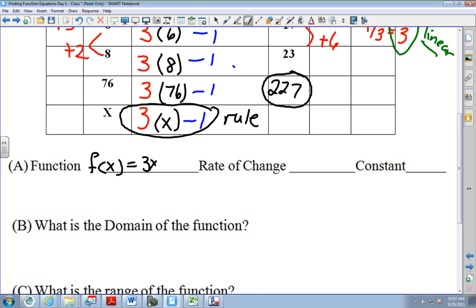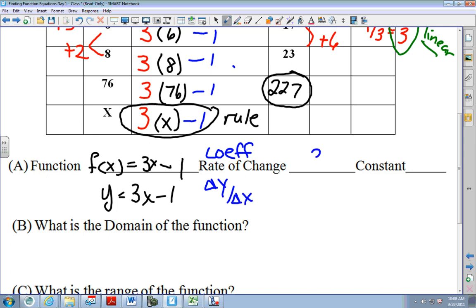Here we go, it's -1. So my equation is y equals 3x minus 1. Remember, my rate of change is the same as the coefficient. The coefficient, or delta y over delta x, that is 3.